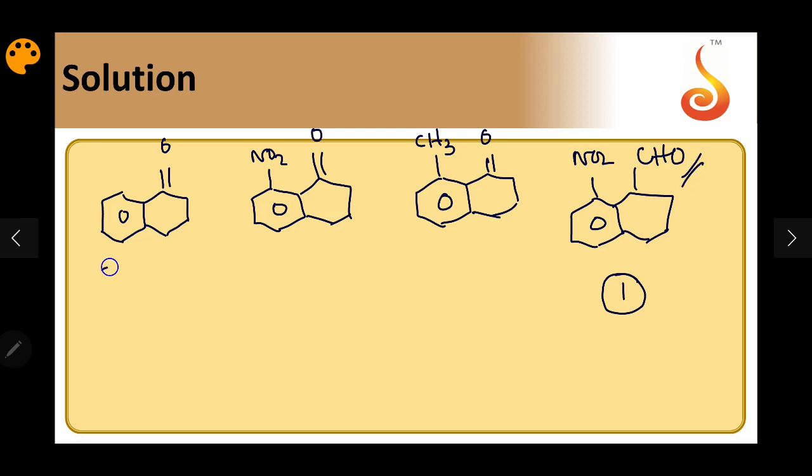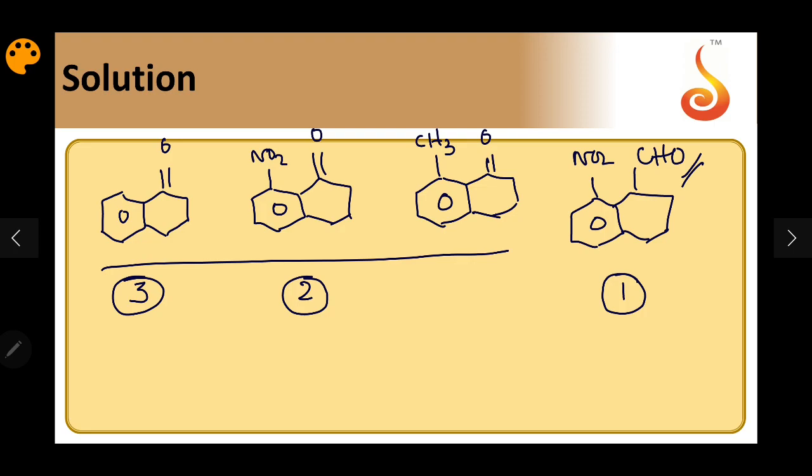Now the remaining three are ketones. So the steric environment is more or less the same for the ketone group, but there is one NO2 group in the benzene ring at the ortho position, so it will increase the electrophilicity at the carbonyl carbon. As a result, the NO2 group one becomes second, the one without any group becomes third, and the methyl group one becomes fourth.